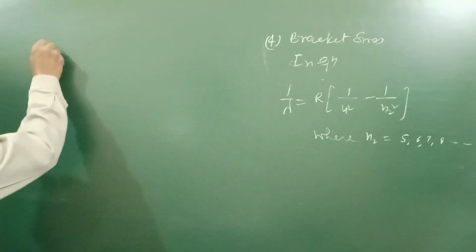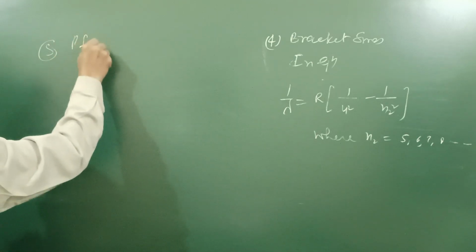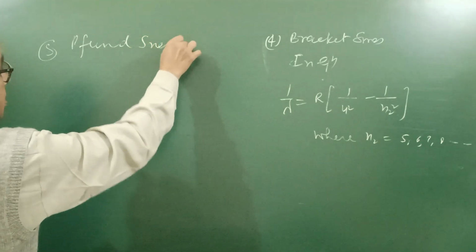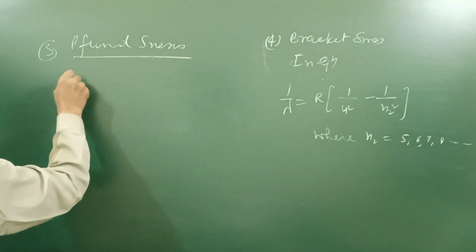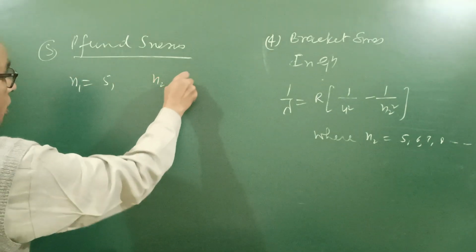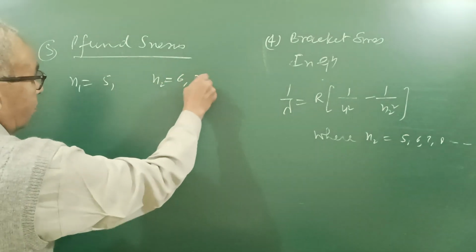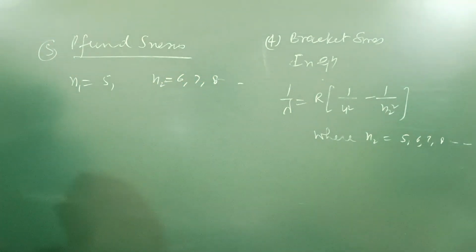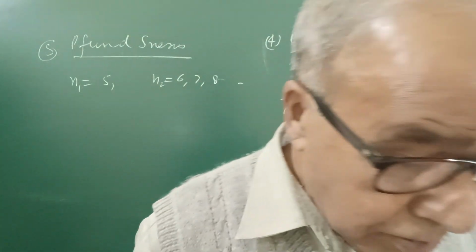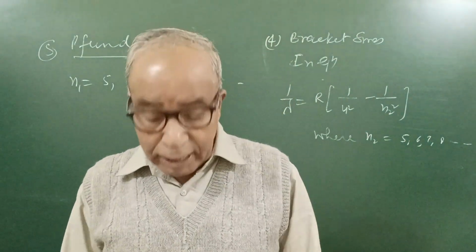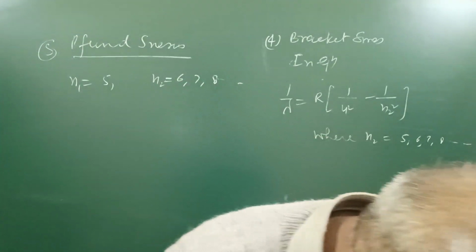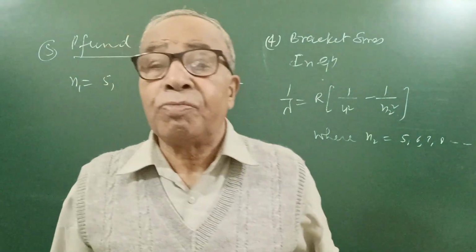Then the fifth is the Pfund series. There, using this equation, n1 equal to 5 and n2 equal to 6, 7, 8, 9, Bohr obtained the wavelengths of the Pfund series. In that way he was able to explain the wavelength of radiation emitted by the hydrogen atom.